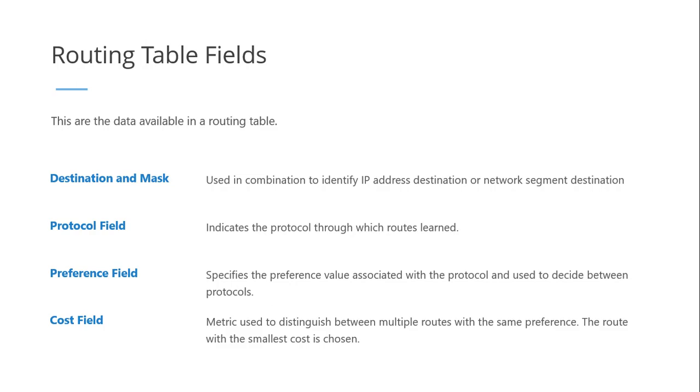So first we have the destination and masks. Technically they are two separate data, but they are used in conjunction to identify either the specific destination IP address, or at least the destination network segment.